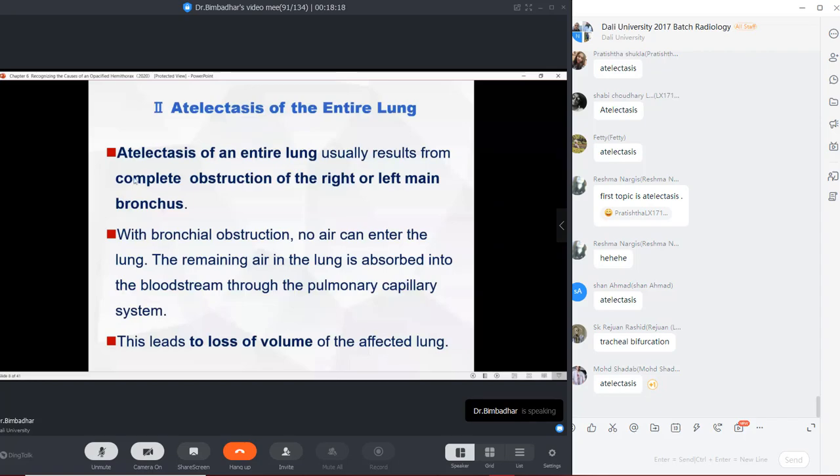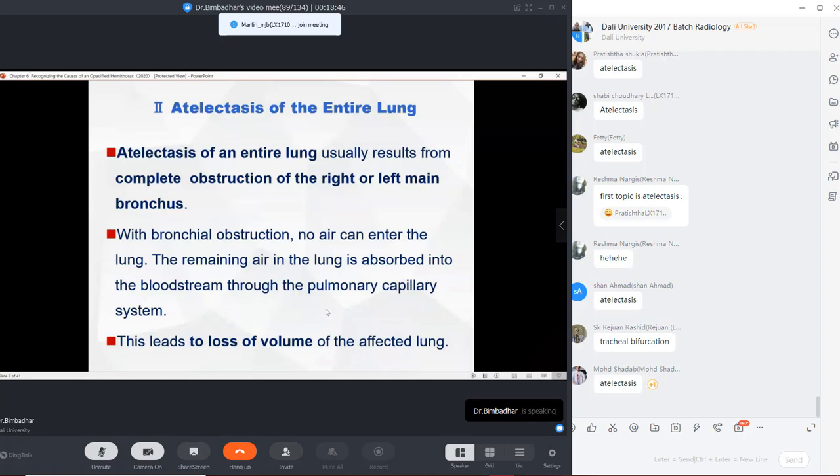So the most important thing is, when there is a bronchial obstruction, the air cannot enter from outside to inside, through the trachea or through the bronchus, and the remaining air in the lung is absorbed into the bloodstream through the pulmonary capillary system. So since oxygenation has been going on, air cannot enter from the trachea to the bronchus and to that part of the lung.